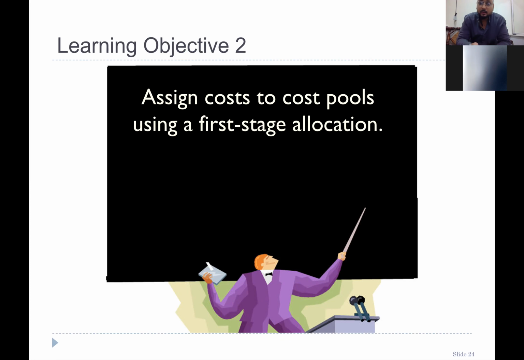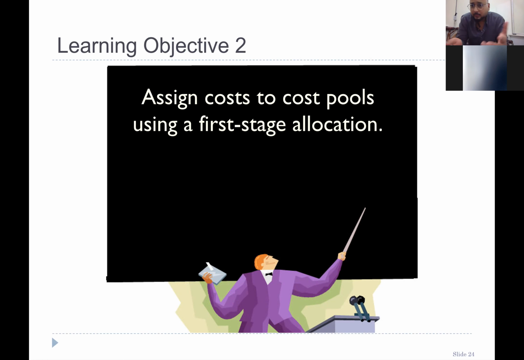The manufacturing cost includes direct material, direct labor, and manufacturing overhead, right? And then there is a non-manufacturing cost, which is period cost: marketing cost and admin cost.